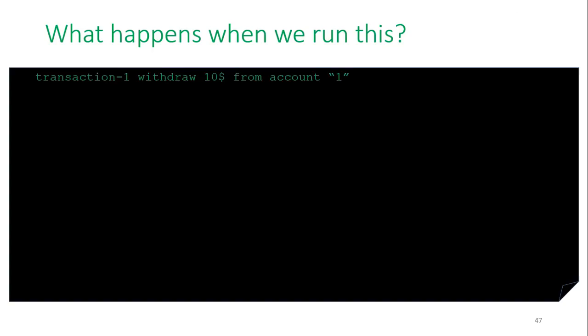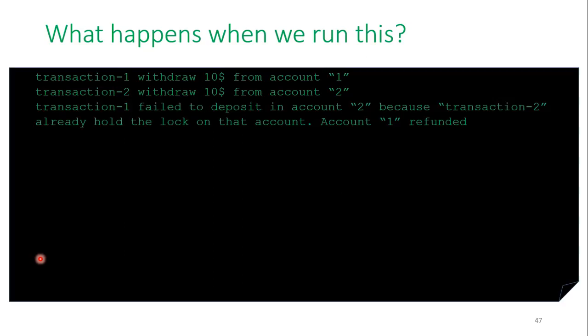So now, again, as usual, let's take a look at what happens when we run this, okay? So we start with transaction 1. Transaction 1 is withdrawing $10 from account 1. No problems. Transaction 2 is withdrawing $10 from account 2. Now, because transaction 2 is busy withdrawing from account 2, when transaction 1 tries to put the $10 it took from account 1 into account 2, it's not able to get the lock.